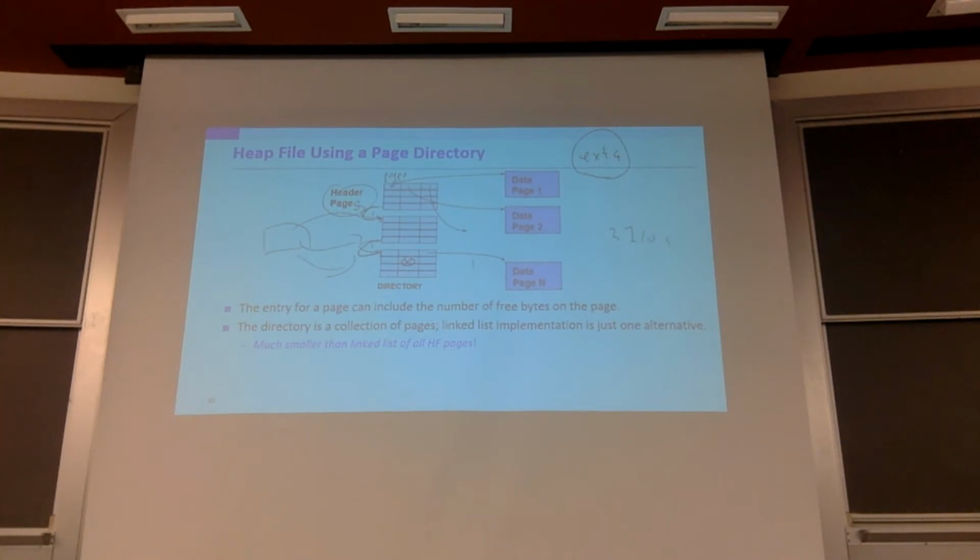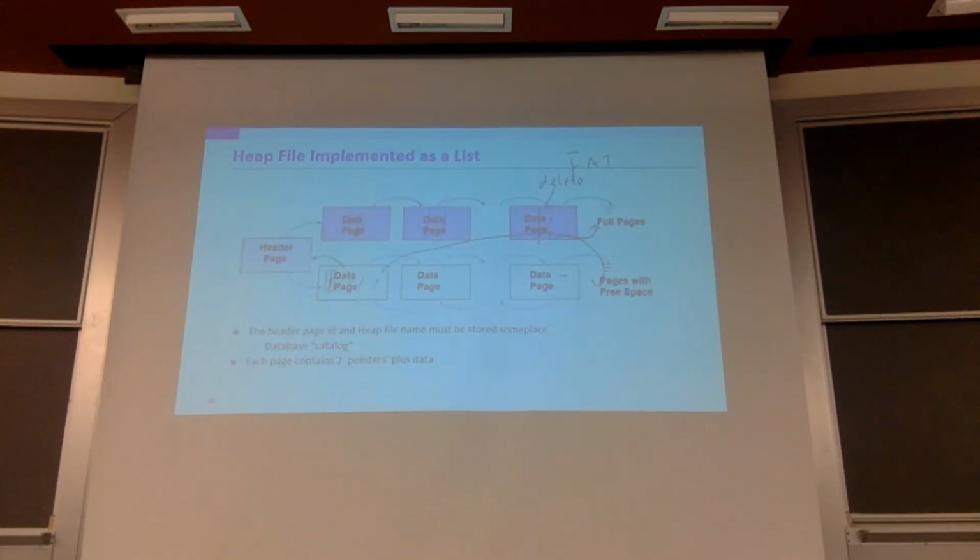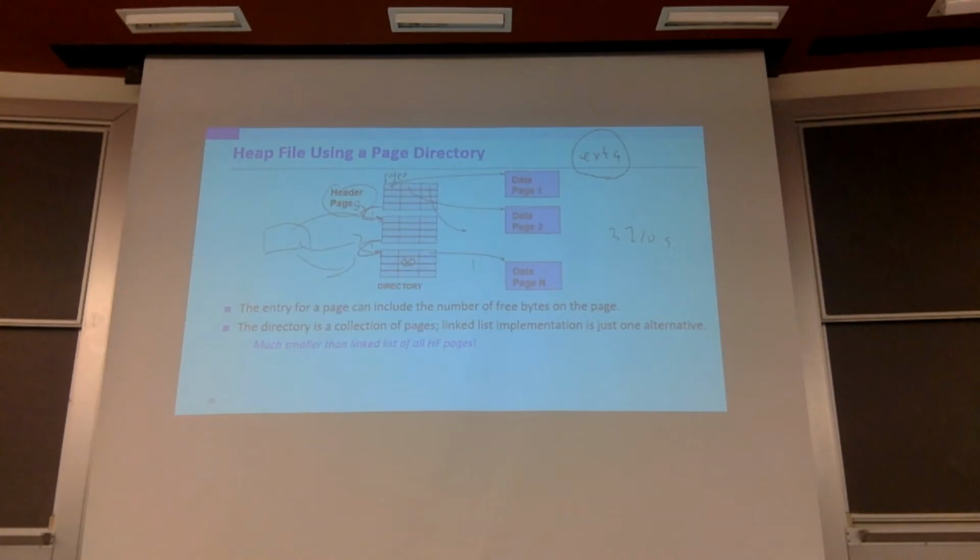But if you are going to use the linked list, how many I/Os do you need? You actually need to go to the first page, then follow the link, until you get to the page you want. Suppose this is 12 pages, and 1, 2, 3, 4, 5 pages.